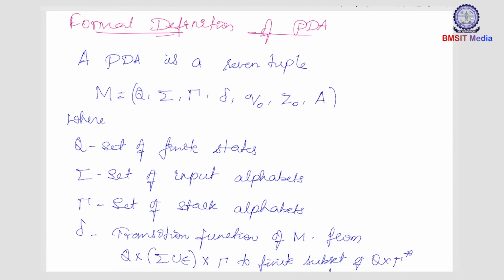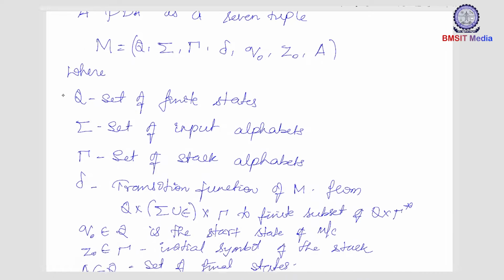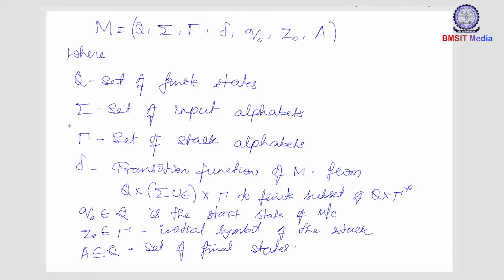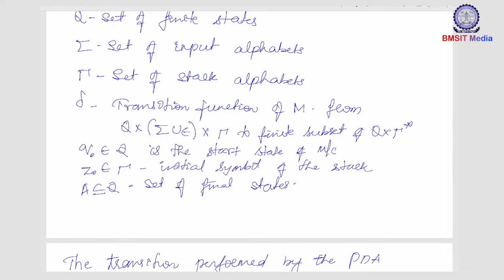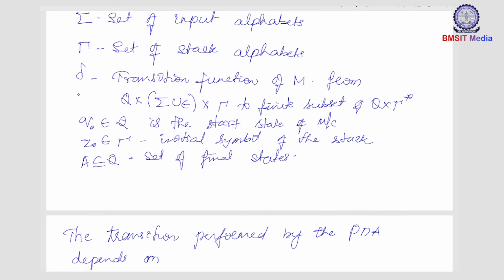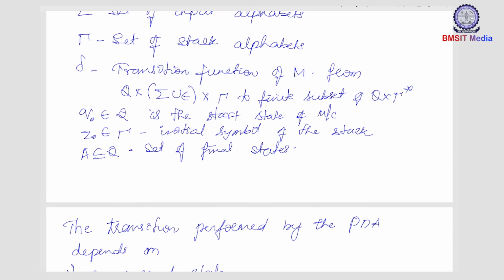A PDA is a 7-tuple M = (Q, Sigma, Tau, Delta, Q0, Z0, A), where Q is the set of finite states, Sigma is the set of input alphabets, Tau is the set of stack alphabets, and Delta is a transition function defined from Q cross (Sigma union epsilon) cross Tau to finite subsets of Q cross Sigma star.